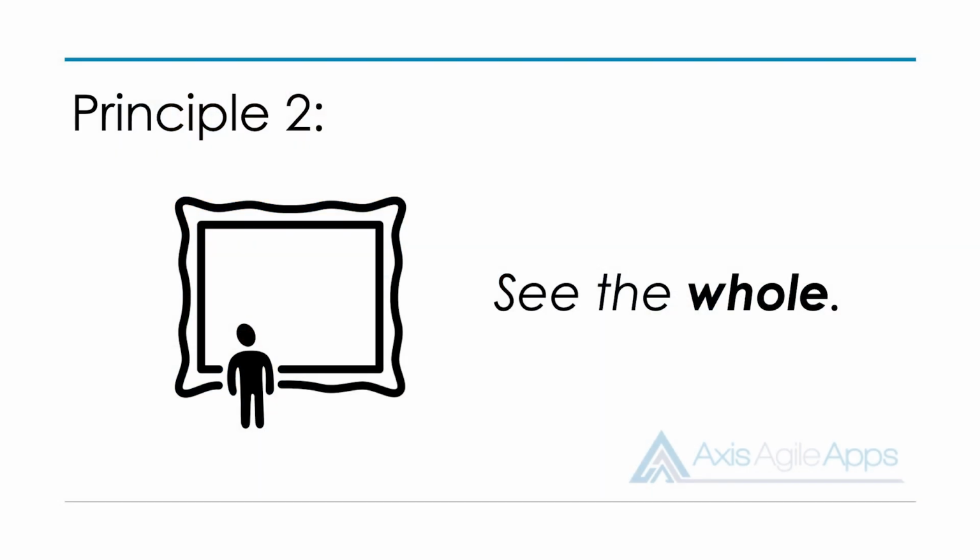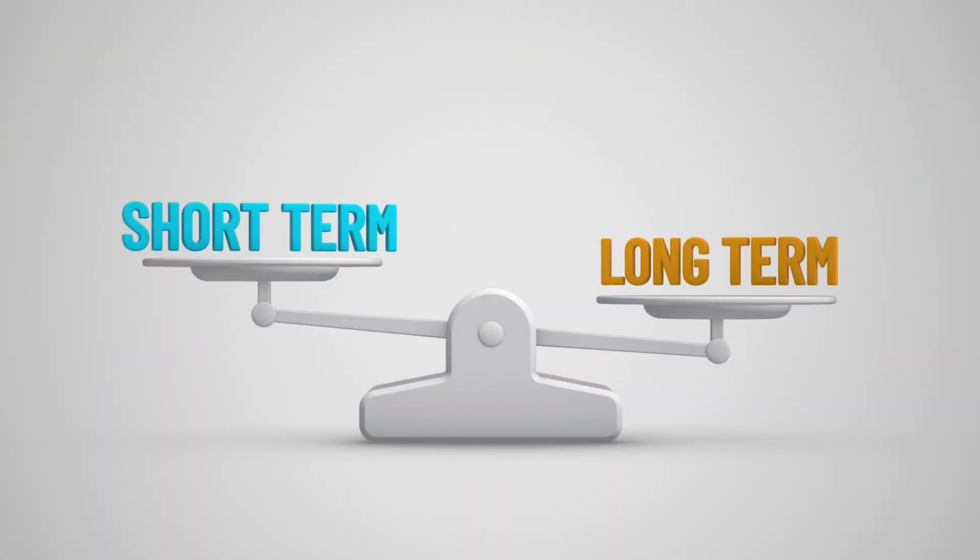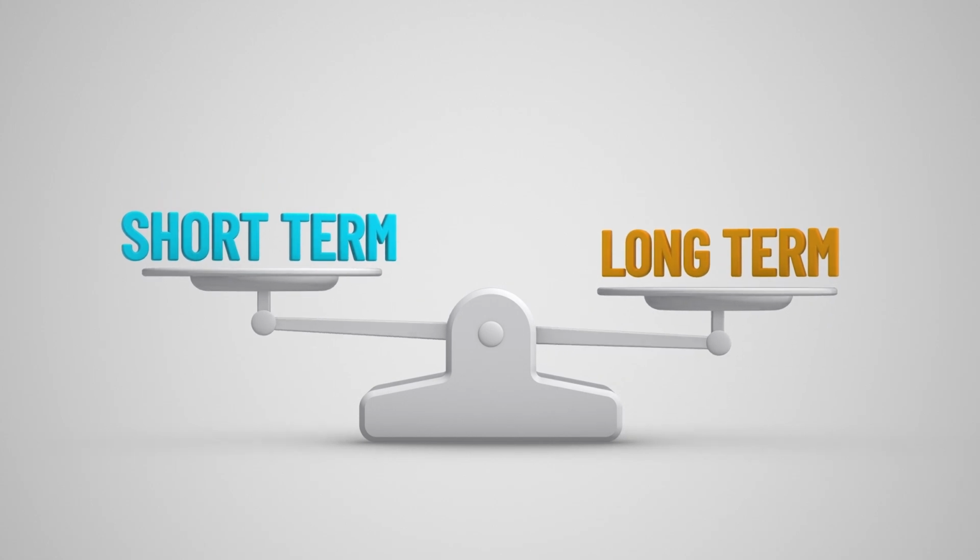Our second principle here is to see the whole. Our second principle of seeing the whole is about making sure that we don't just solely focus on near-term requirements, but also longer-term requirements as well. By seeing that bigger picture, we can make sure that we've got enough detail for what we need to deliver in the short term while still preparing for what we're going to deliver in the longer term.